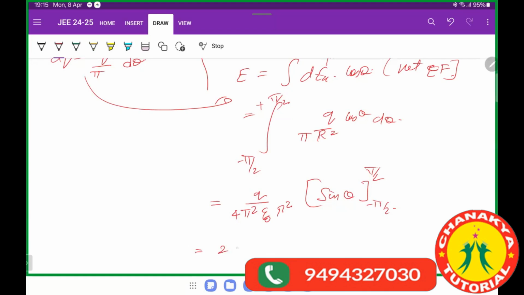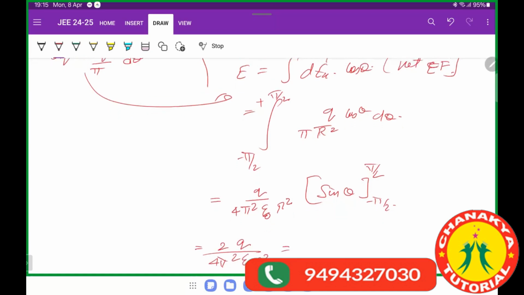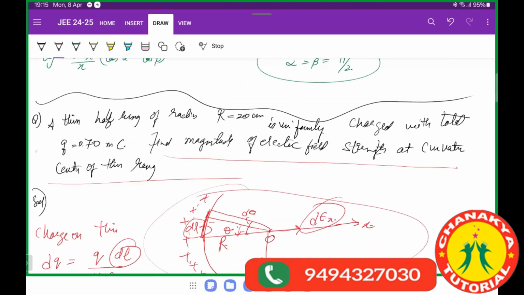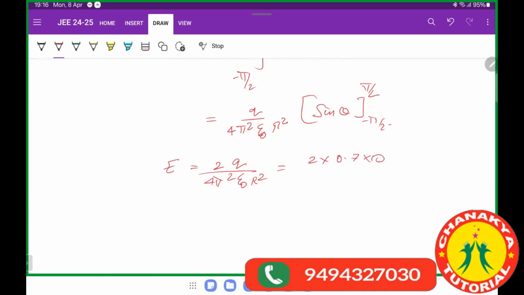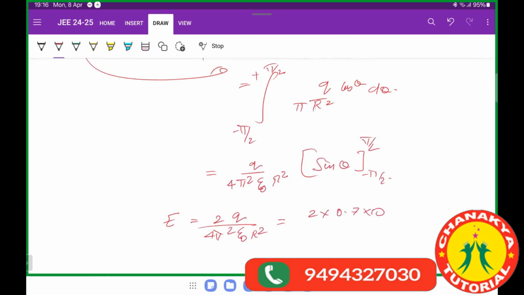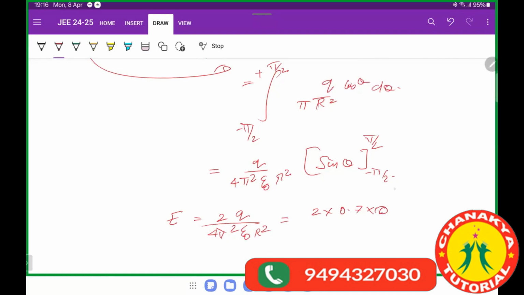So 2q by 4 pi square epsilon naught r square. Now we have all the values. Do we have charge and radius? Yes, charge and radius. Two into 0.7 into 10 to power... Milli means how much? 10 to the power minus 3.